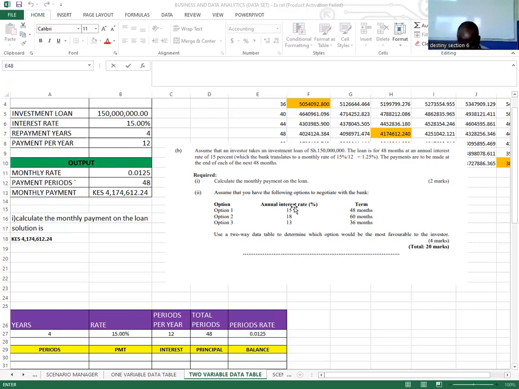Okay, so let us do the loan amortization in our next lesson. We can stop there today. So, there is a theoretical part of the notes yenye imetumwa kwa group.